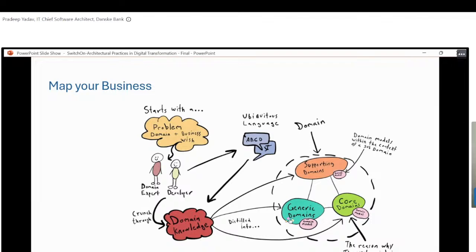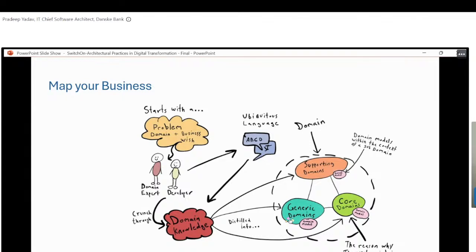Our focus there is to collaborate and gather the business understanding and the entire landscape of the domain, and then identify the hotspots, the problems, and the opportunities we have.